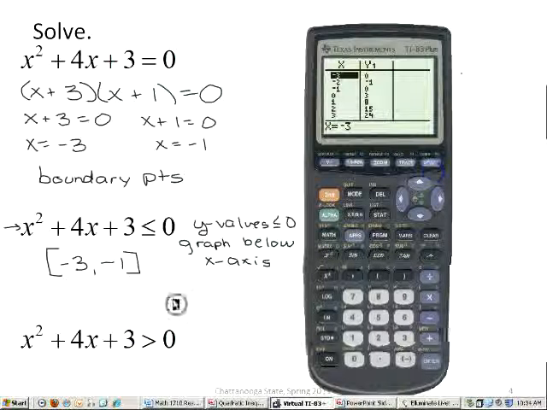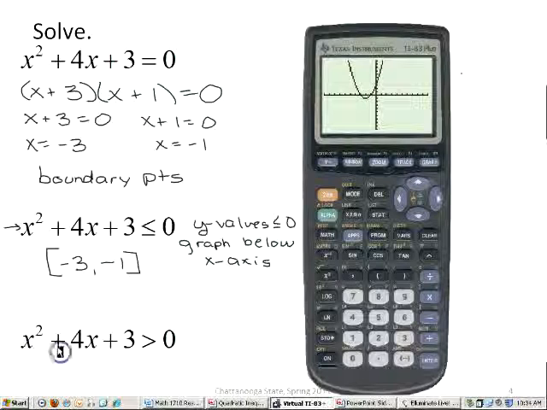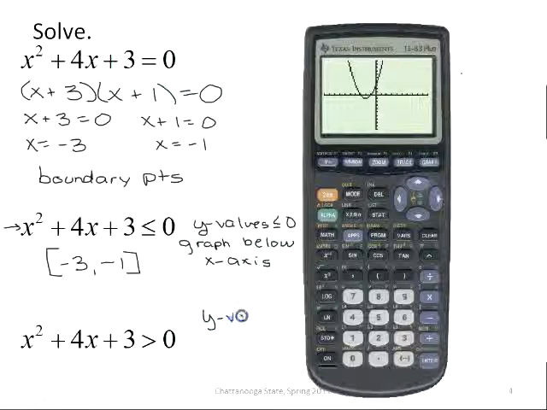So let's go back to the graph. And now, let's solve this inequality: x squared plus 4x plus 3 greater than 0. So this time, I want my y values greater than 0, which means I want to look at where the graph is above the x-axis, where the y values are positive. That happens at what I call the tails of the graph, this portion and this portion.